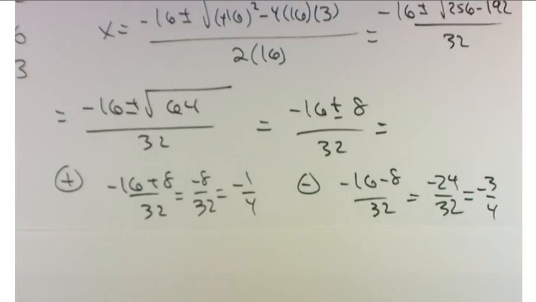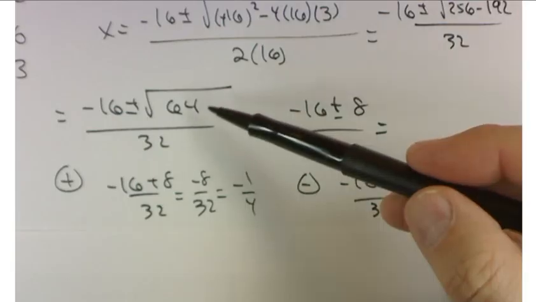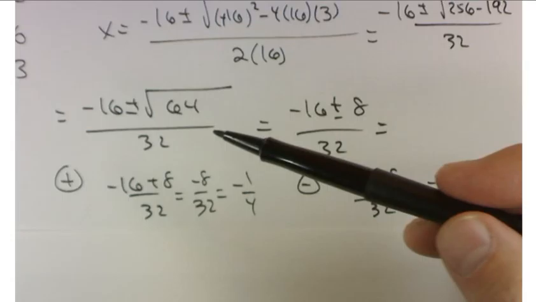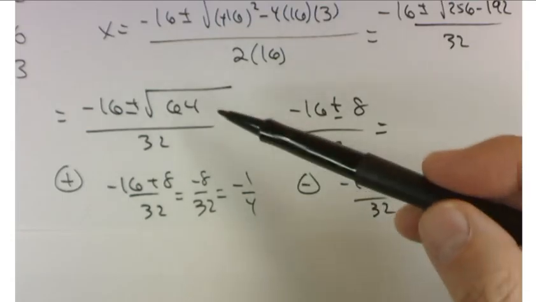But, as far as factoring is concerned, my suggestion to you is look at it for a little bit. If you see how it factors, great. Factor it and solve it. If you don't see how it factors after just a little bit, then use the quadratic formula. Worst thing that can happen is that when you get down to this point and your square root is a nice perfect square, you realize, oh man, I bet this would have factored.